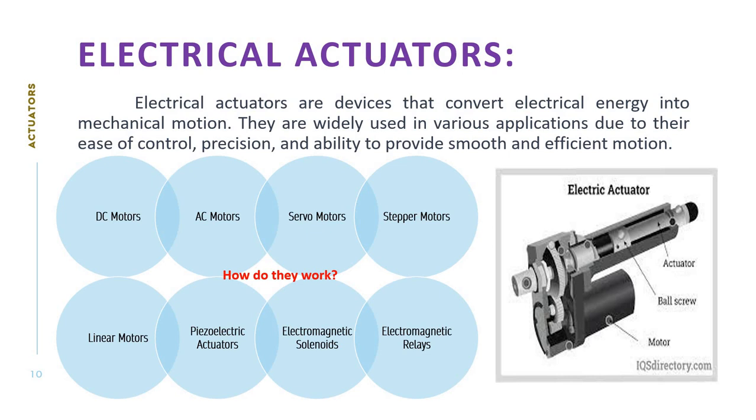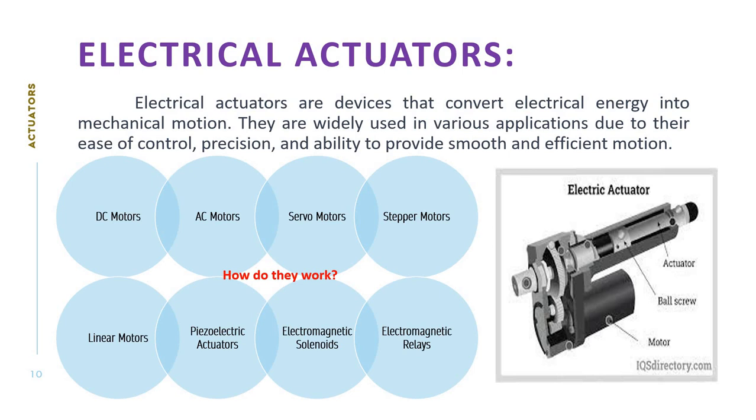This electric actuator works in this way. It uses DC motors, AC motors, servo motors, stepper motors, linear motors, piezoelectric actuators, electromagnetic solenoids, and electromagnetic relays. So what are DC motors?